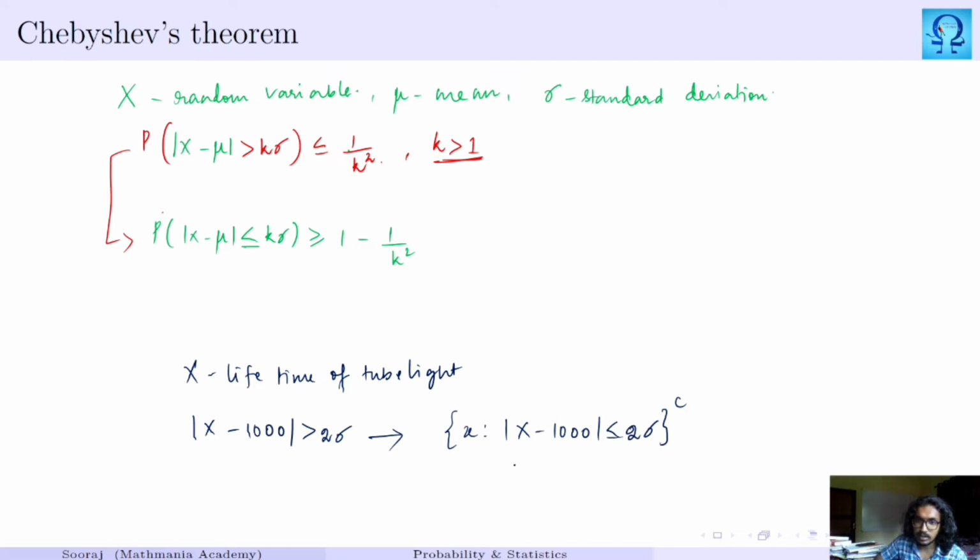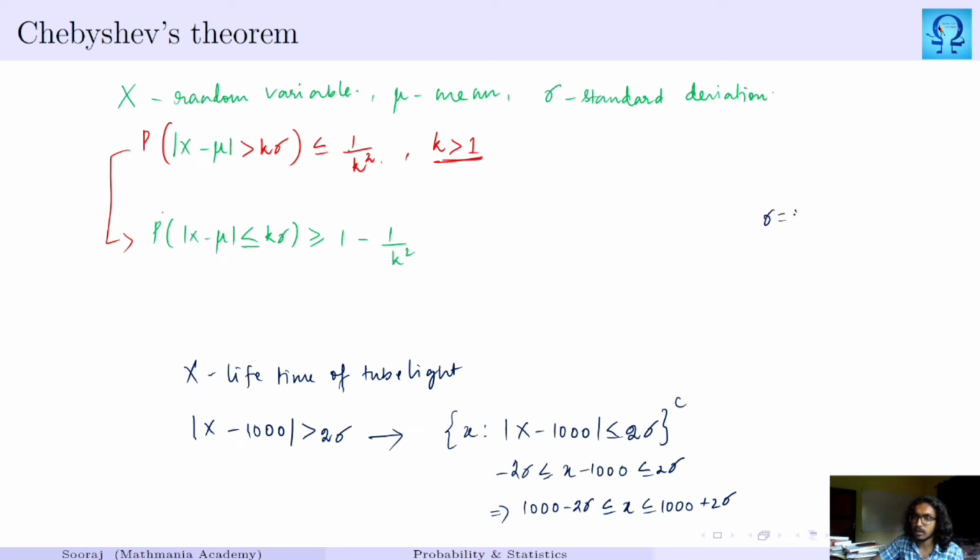So this is nothing but minus 2 sigma less than or equal to x minus 1000 less than or equal to 2 sigma, which is nothing but 1000 minus 2 sigma less than or equal to x less than or equal to 1000 plus 2 sigma.